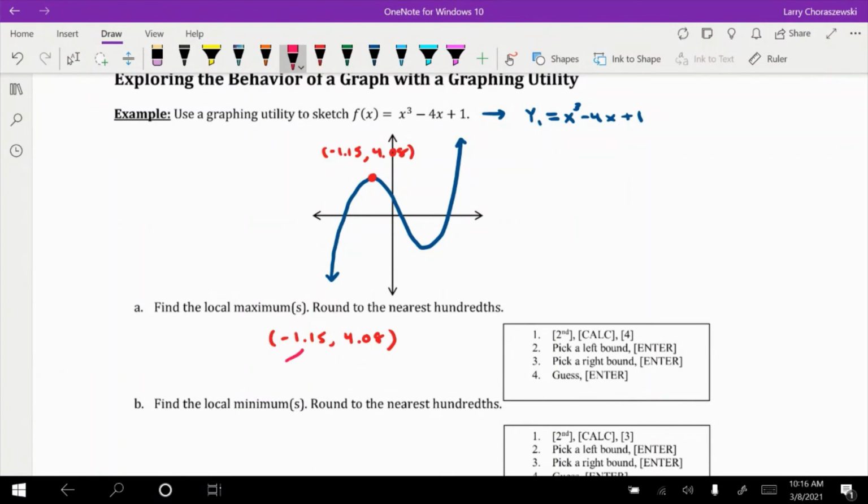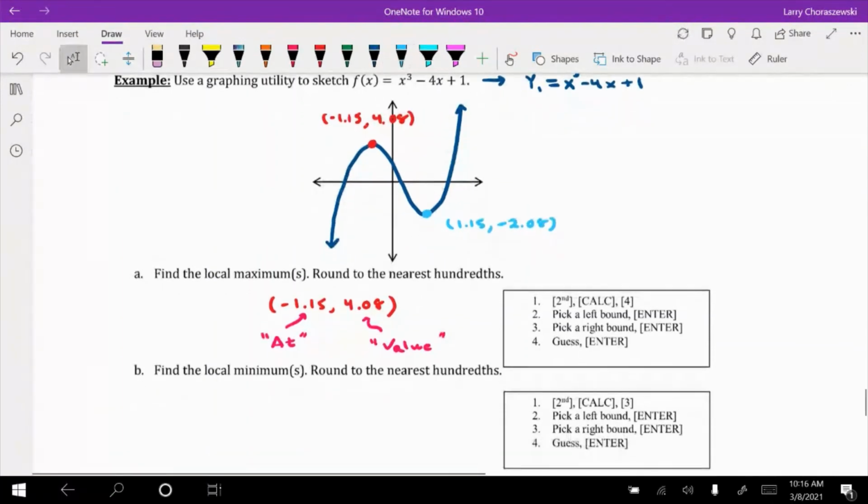And although not necessary, it will be helpful later on. Negative 1.15 is where this high point is at relative to the x-axis, and then 4.08 would be the actual value of the maximum. And then our low point in quadrant 4 was at positive 1.15, comma negative 2.08.